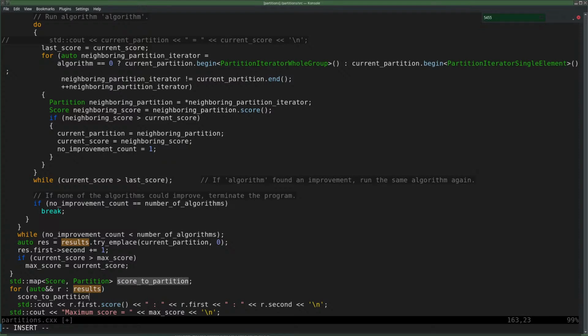And just fill in the score. And we assign a partition.